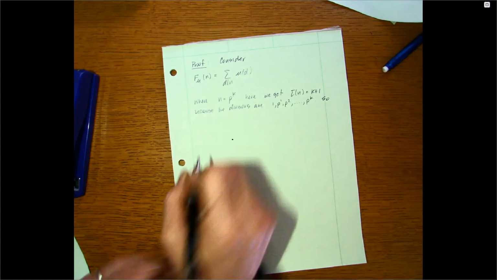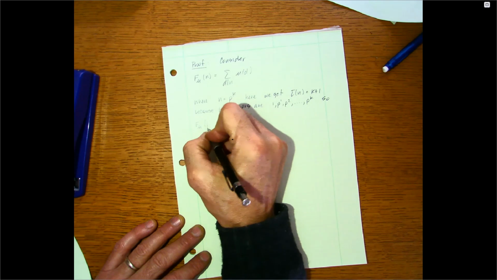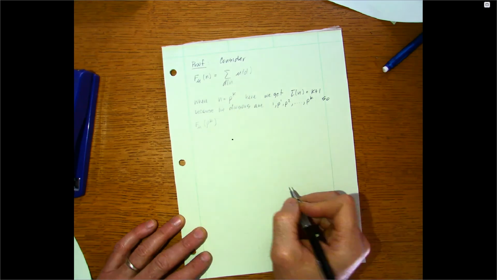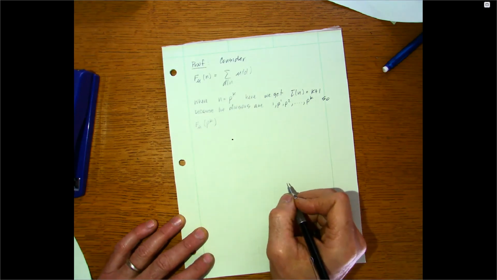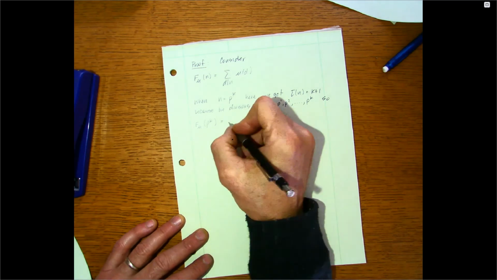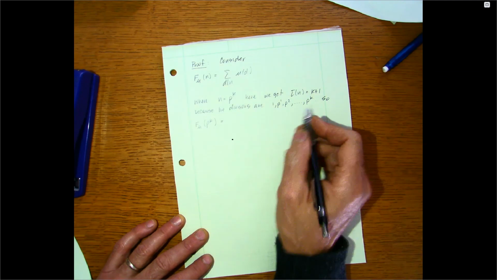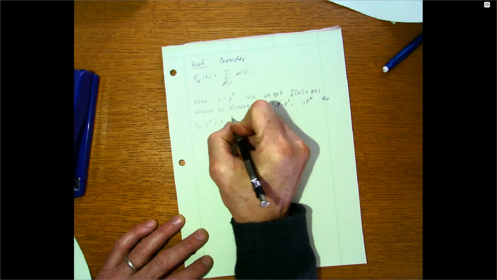So what can we say here? We can say that F of p to the k, which is the sum of mu evaluated across these divisors, right? Well, let's just go ahead and write it out.